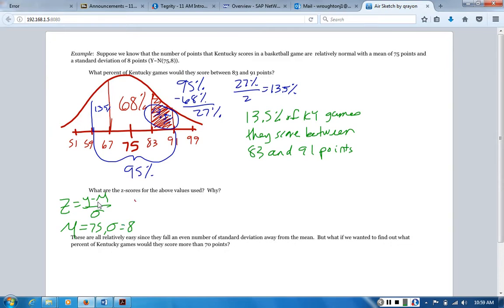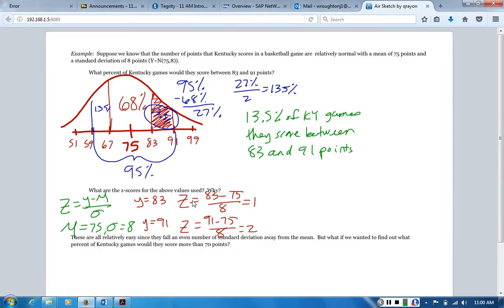If y happens to be 83, what do I get for my z? I get 1. If y happens to be 91, what do I get? I get 2.